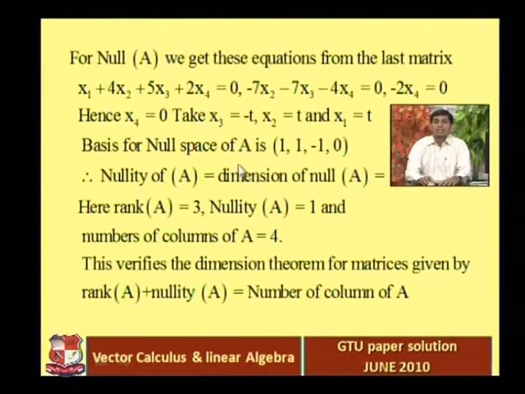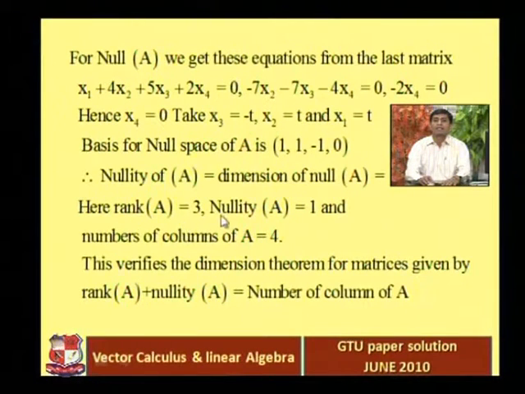So the basis for the null space of A is 1 1 minus 1 0, and clearly the nullity is 1 because we have only one basis vector for the null space.